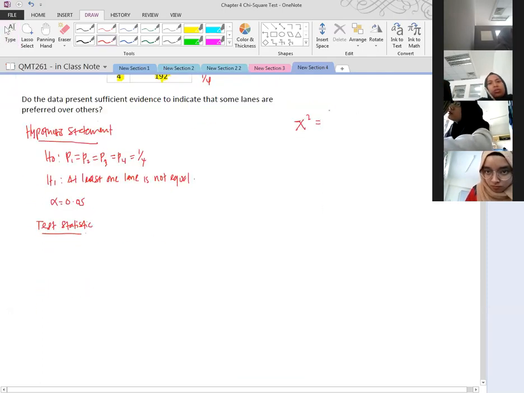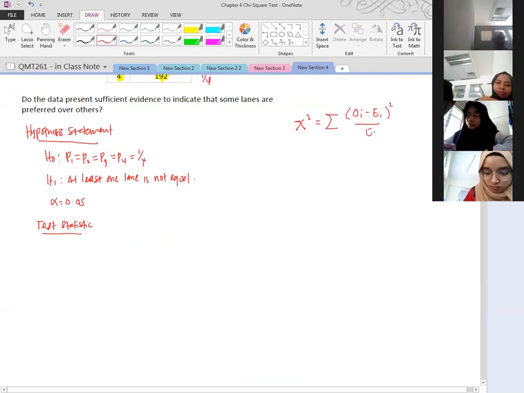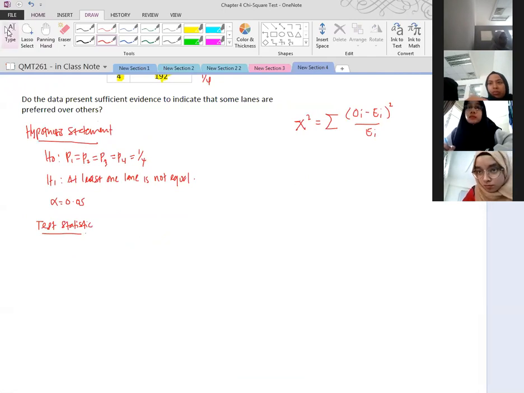The formula for chi-square is the summation of observed minus expected squared divided by expected value. We need to find the value of observed, which we already know, and the value of expected frequency.